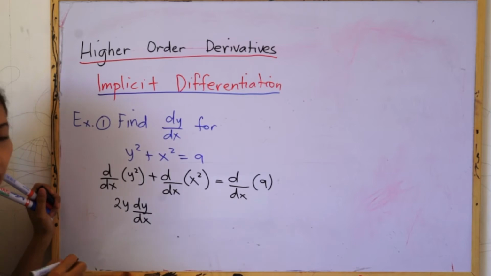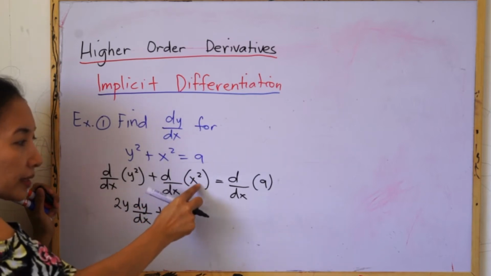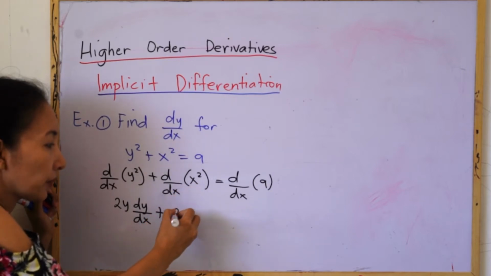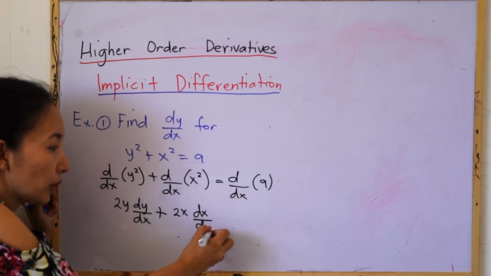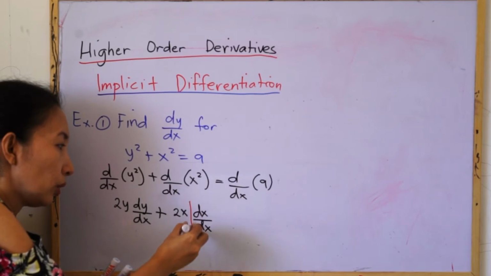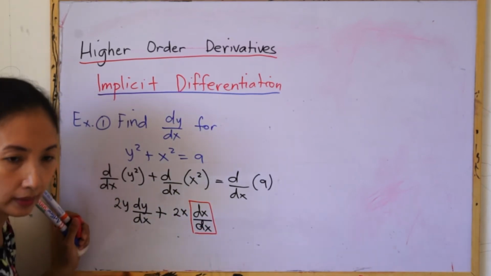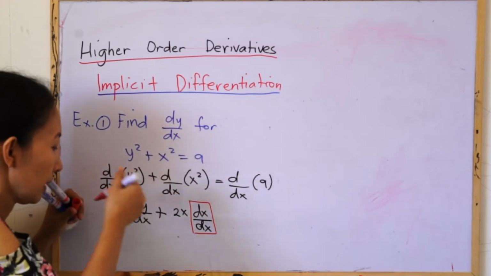So dy over dx plus, okay? Next, again, applying your power rule, derivative of x squared is 2x. What are we differentiating? The variable x with respect to x. However, this is equal to 1. dx over dx is equal to 1.